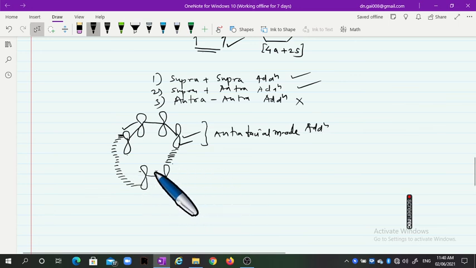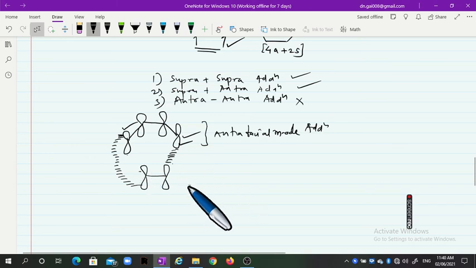In the second case, the lower lobe of the first is added to the second unsaturated molecule's orbitals, and the upper lobe is added to the butadiene molecular orbitals.